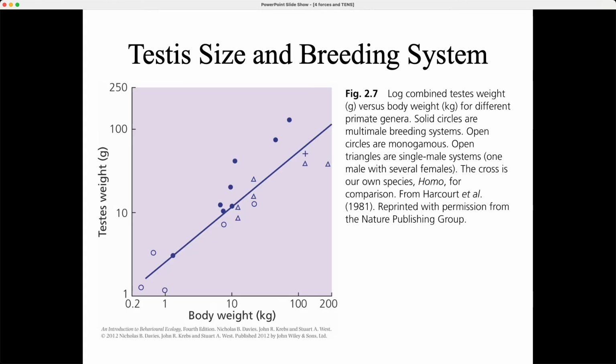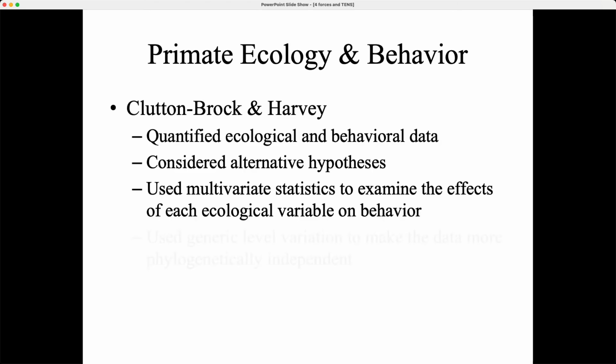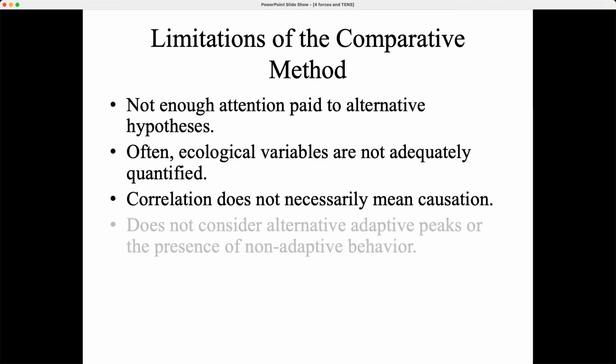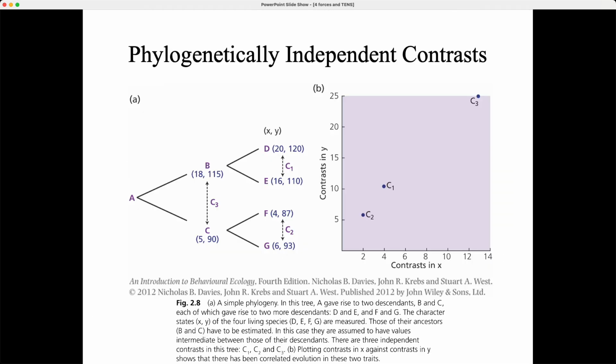In the same way here, you would look at the difference between taxon D and E for trait 1 and trait 2. The difference here is a difference of 4. The difference here is a difference of 10. That's contrast 1. A difference of 4 for the X character, a difference of 10 for the Y character.